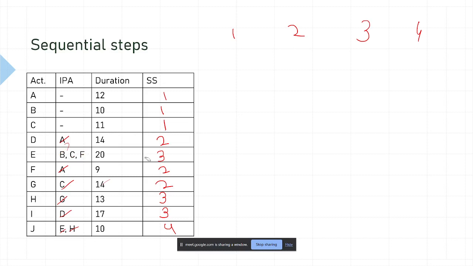So what is happening here is that once you cross off B and C, F is still remaining. So you can't put a number here, right? Yes, sir. So here we are just writing the number in the order it is happening. As we can't write any number right now, we will leave it.